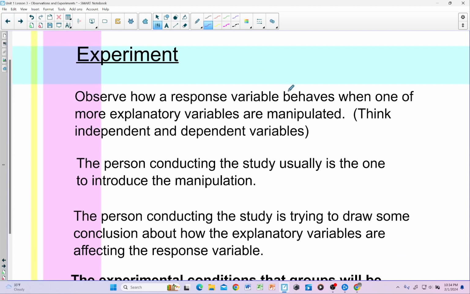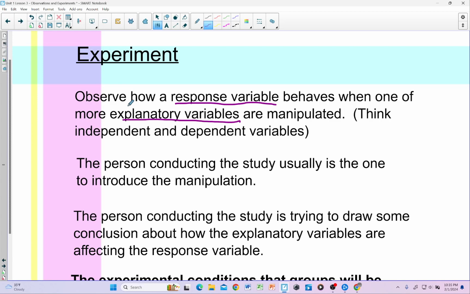Okay, yeah, I use the word observe again. I'm sorry. But here's the difference. We are observing how a response variable behaves when one or more explanatory variables are manipulated. Now you've probably never heard those terms before, but you have heard the terms independent and dependent variables.